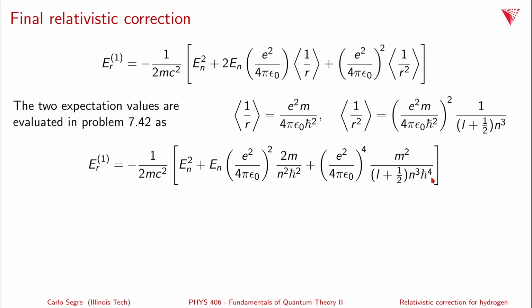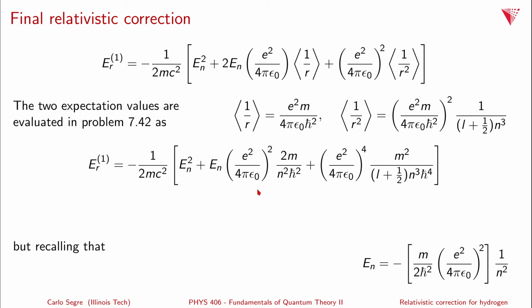This now allows us to write down the final relativistic energy correction. If you recall, E sub n is equal to minus m over 2 h bar squared, e squared over 4 pi epsilon naught, squared, times 1 over n squared. So this term here is directly related to E sub n.